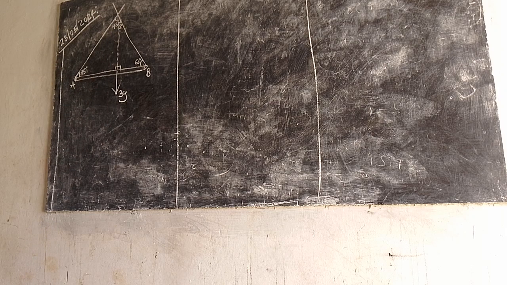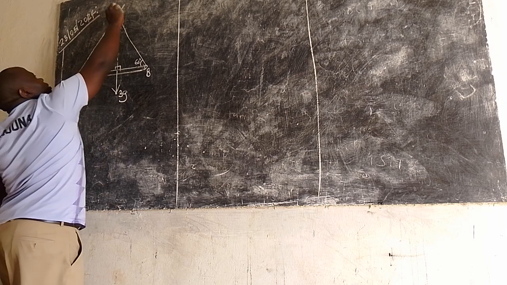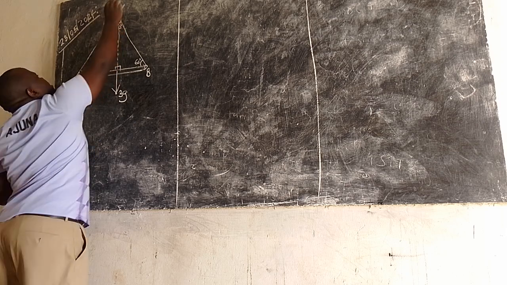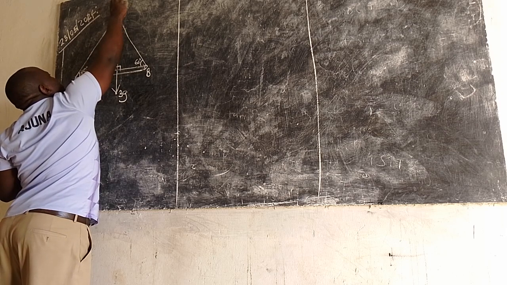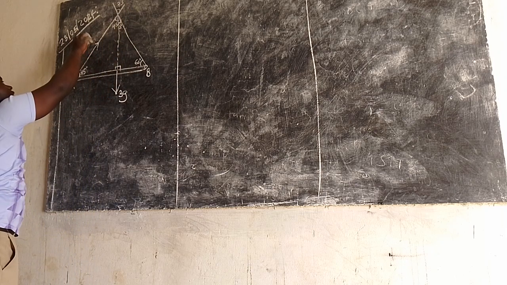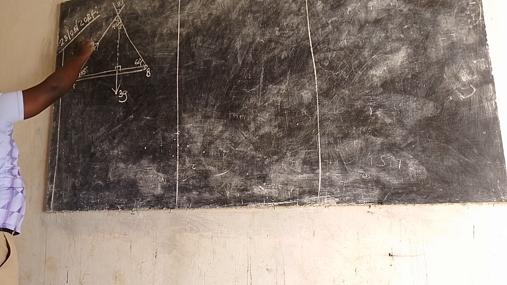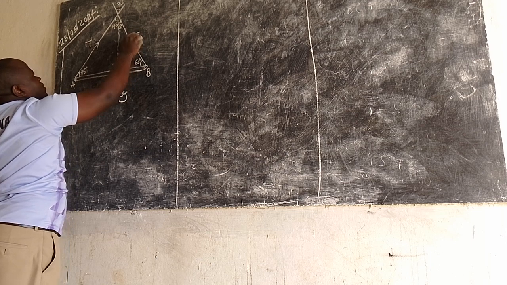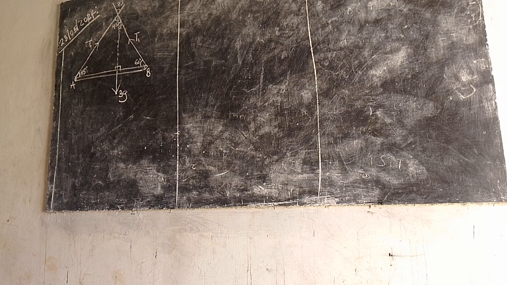Do you believe in that? Vertically opposite angles are equal in magnitude. Therefore, this angle is 75 degrees. Of course, in a string there must be tension. This can be tension 1, and this can be tension 2.